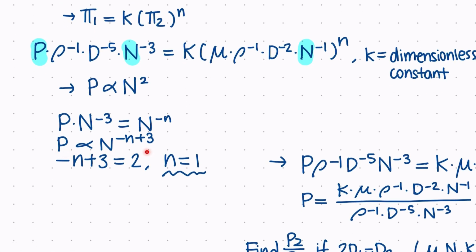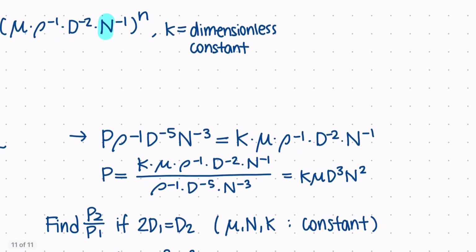If we calculate the equation, we get the n value, which is 1. From this n value, we can rewrite the equation as p times rho to the negative 1 times d to the negative 5 times n to the negative 3 equals k times mu times rho to the negative 1 times d to the negative 2 times n to the negative 1.